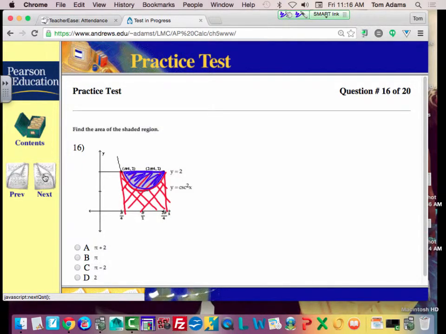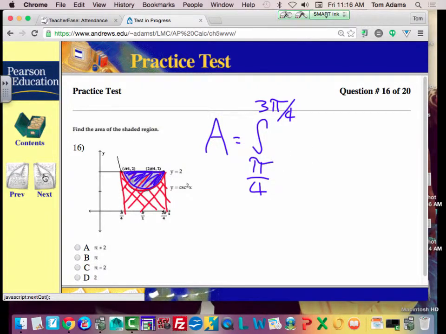So to find the blue thing here, my area will equal the area under the curve from pi over 4 to 3 pi over 4 of y equals 2.